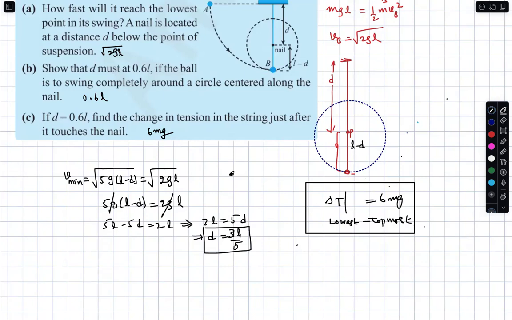Are we clear? Irrespective of the velocities, the tension difference between the bottom and topmost point is always 6 mg. Always. I proved that 2 times here.